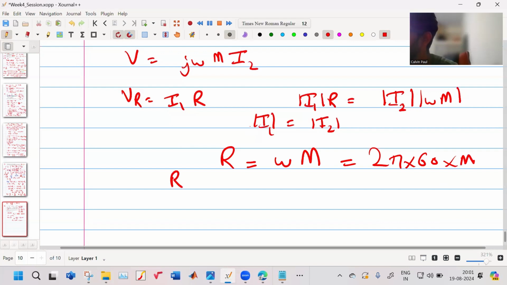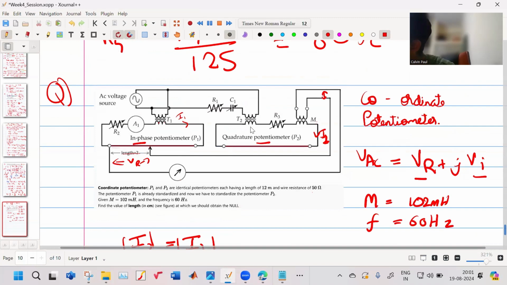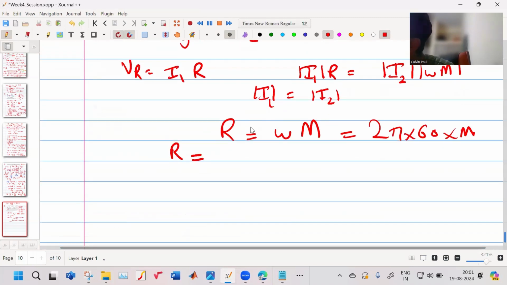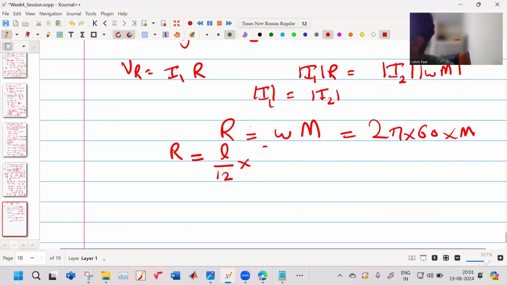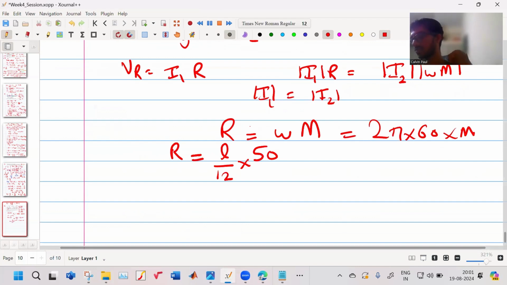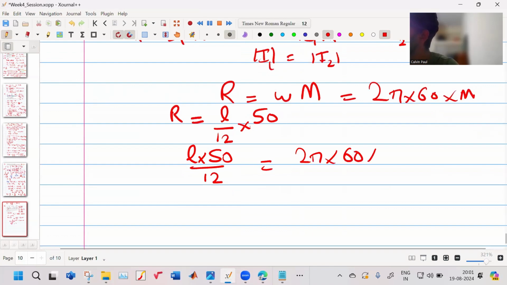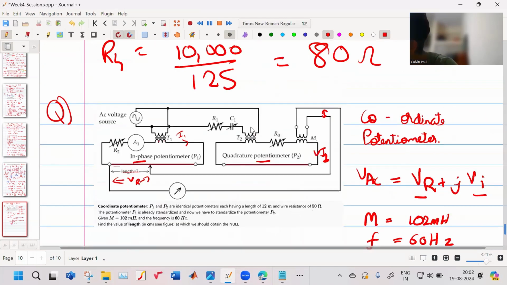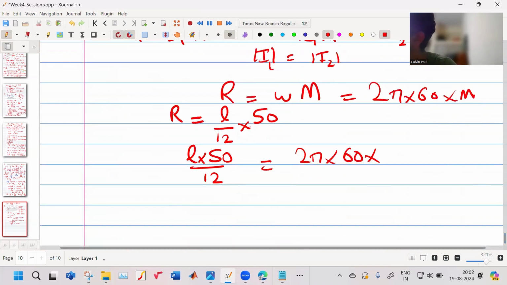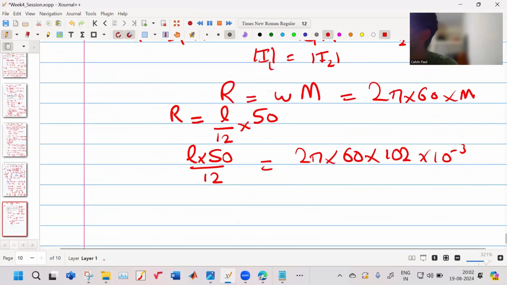Now this resistance R is equal to, let us say the total length is 12 meter, so it is some length L divided by 12 into 50. And this length L is less than 12, so we need to find this length L. So we have L into 50 divided by 12 is equal to 2 pi into 60 into M. How much is M? M is 102 millihenry, 102 into 10 to the power minus 3.